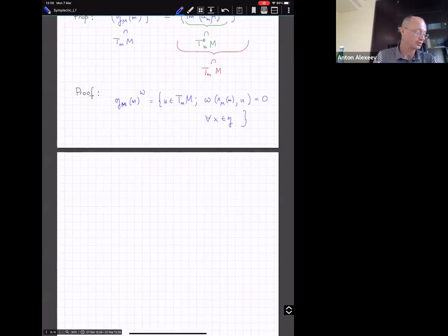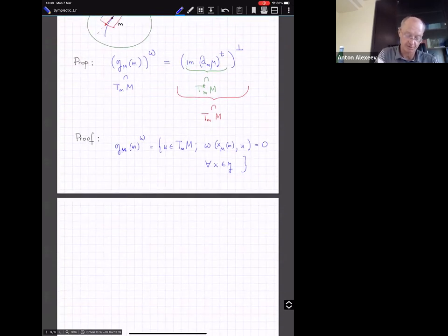Okay. So what about the other gadget that we have in the proposition? So the image of d_m mu transpose orthogonal, what are they?